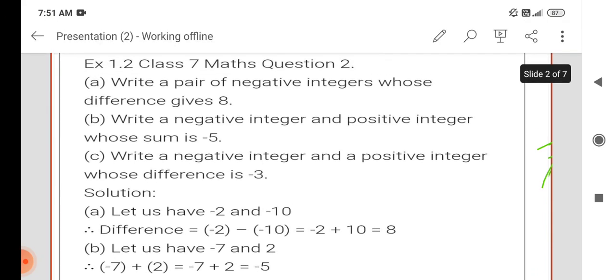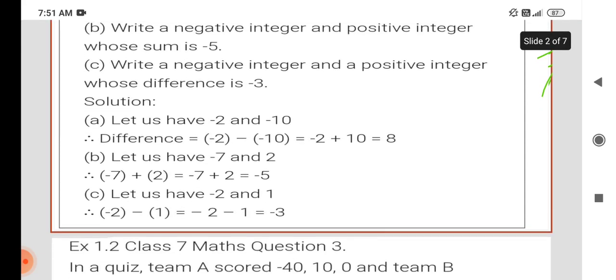And the second part says, write a negative integer and a positive integer whose sum is minus 5. That means you put a pair of two integers, first negative and second positive, and you add them and get the answer minus 5.